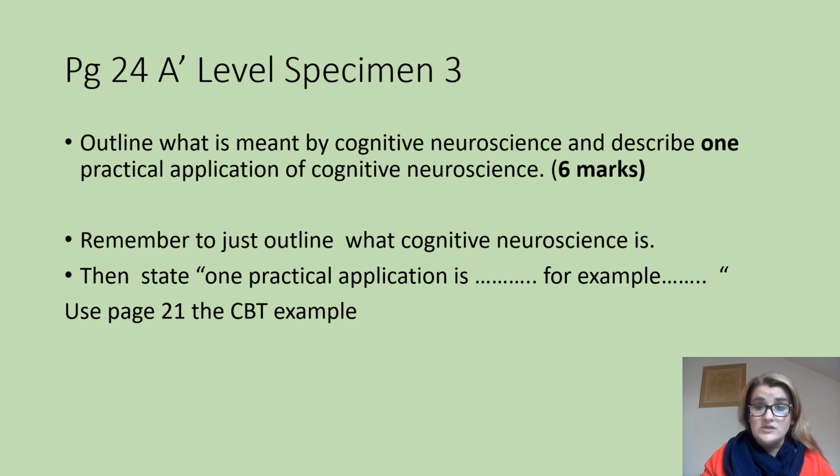Use your booklets. You'd spend about 8 minutes on this in the exam, so it's probably about two thirds of a page if you do smallish writing, and then say one practical application is. It's in your booklet on page 21. Just use that. It can be used in therapy, for example, CBT. Use that as well.